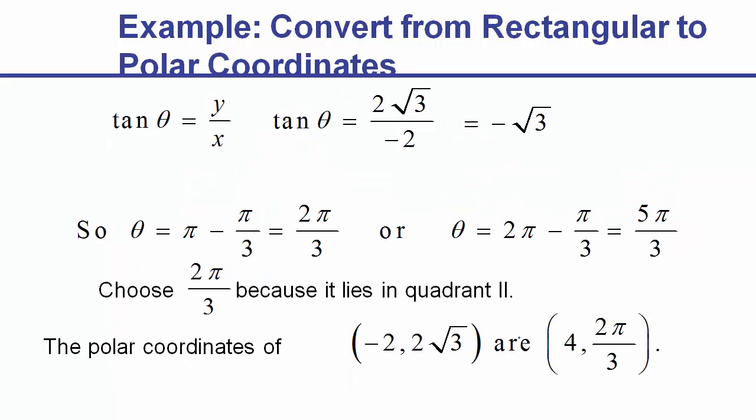Okay, now that we have found our r, we have to find our theta. Easiest to use the tangent identity. We plug in the 2 bits, we get negative square root of 3. We take the inverse tangent of that, and we get 2 pi over 3. Well, we don't really get 2 pi over 3.